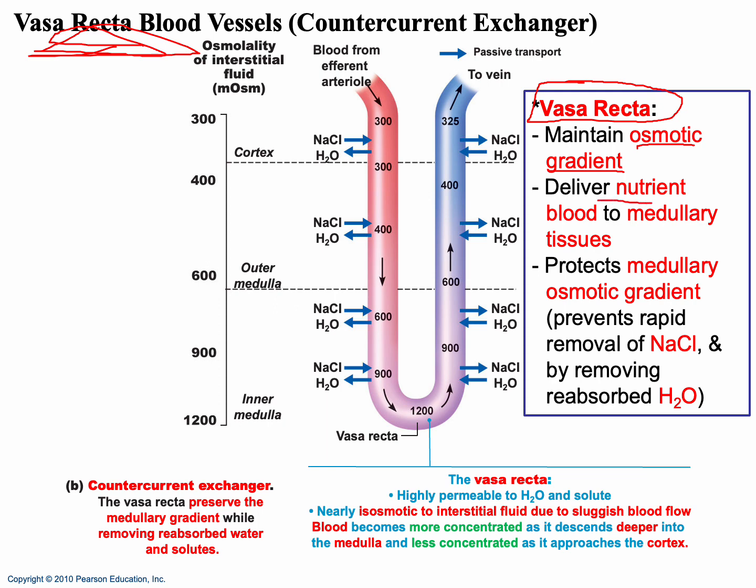They're delivering nutrient blood, so this is where you have oxygen-rich blood moving to tissues. That's very important, the idea of gas exchange here. And the vasa recta capillaries protect the medullary osmotic gradient when it comes to movement of water and salt, so it's at a regulated level to have that proper balance in your body.